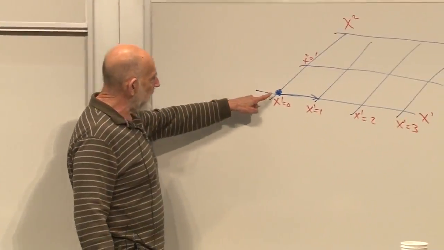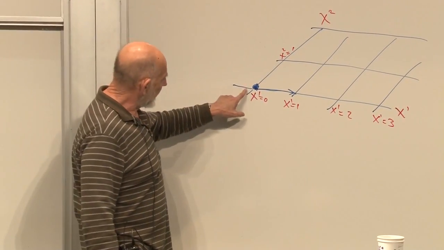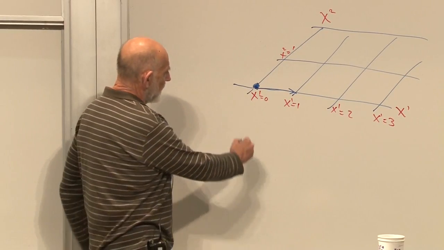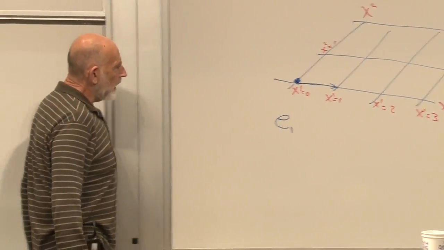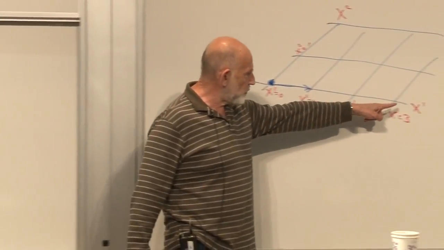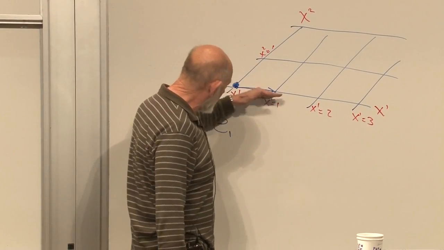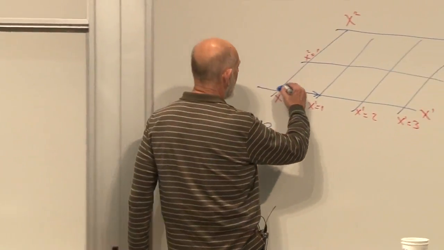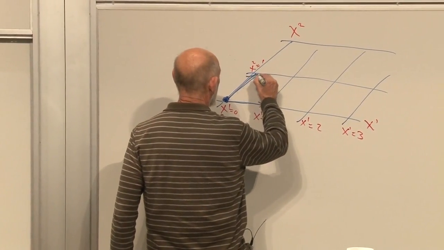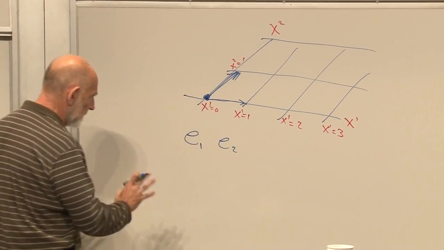It extends from this point to this point, x equals 0 to x equals 1, and I'm going to call it E1. The 1 here stands for this 1, x1 and not x2 and not x3. In other words, it's along the x1 axis. And there's another vector along the x2 axis, which I'll call E2. And these are vectors.